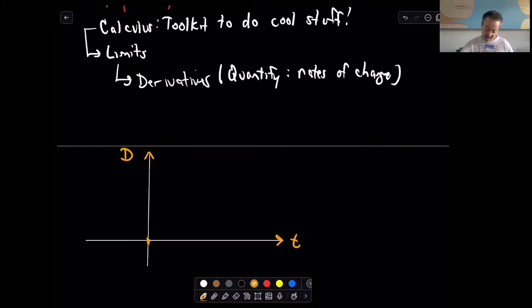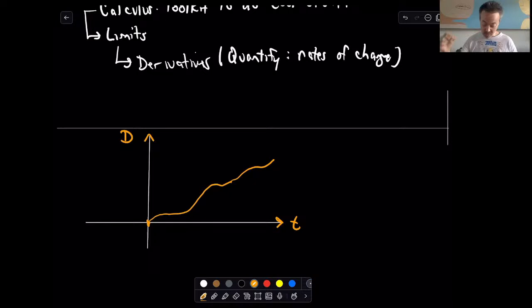At time t equals 0, you're at home, and as time elapses, you go further and further away. Looking at that graph, you're moving a little faster at certain points in time compared to others.